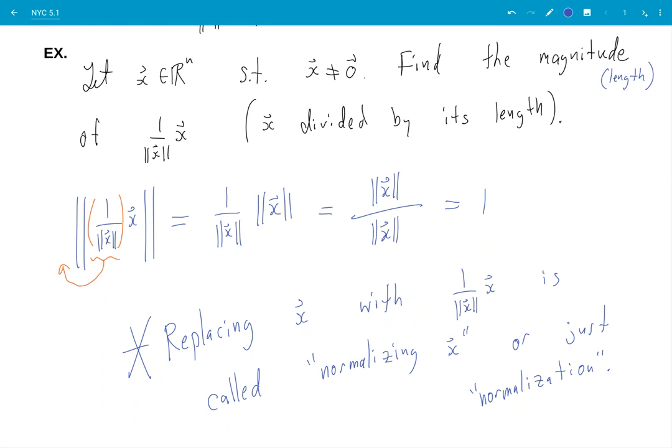Okay, so we'll do that in NYC. And when you take Linear 2, you'll do lots of normalization.